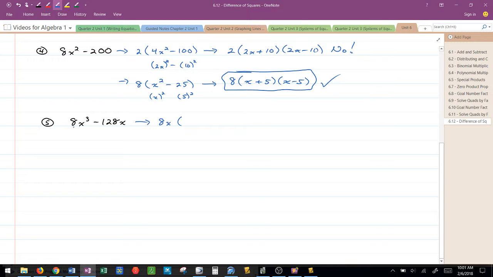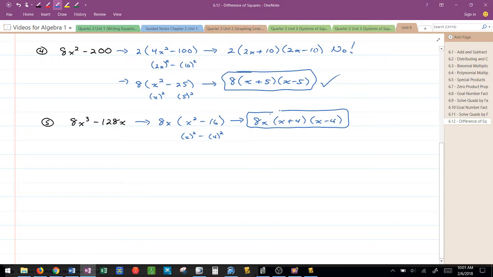If I pull 8x out of 8x cubed, I'm left with x squared. That worked nicely. If I pull 8x out of 128x, I know 8 goes into 128 16 times. Works out nicely. How do I know it works out nicely? This is x being squared. This is 4 being squared. So I know this can continue to be factored to 8x times x plus 4 times x minus 4.